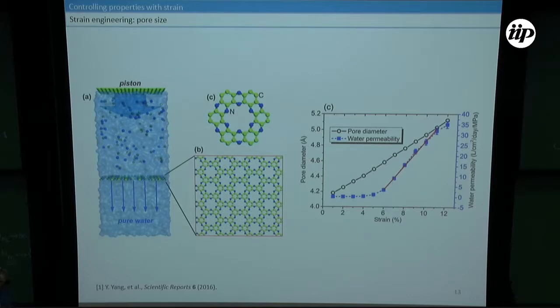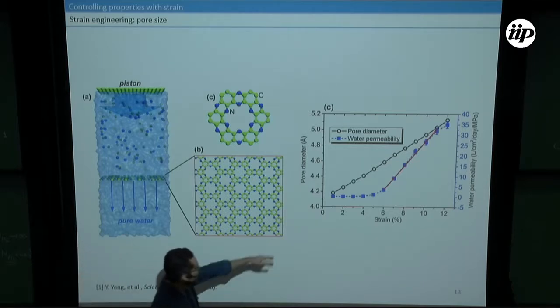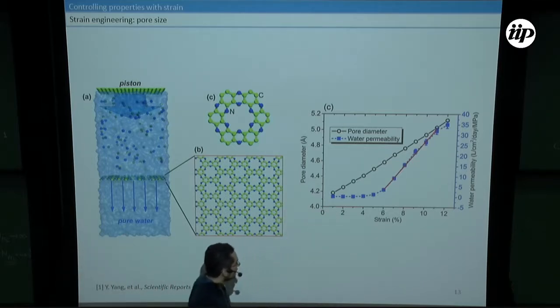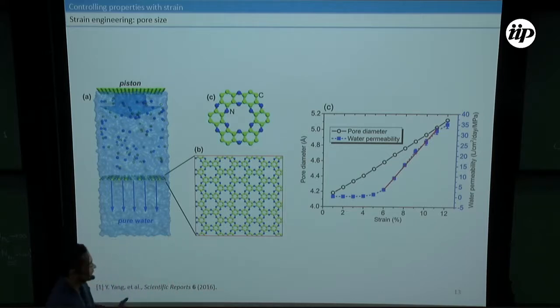So they studied this material, a CN type of material, and they show that as they apply biaxial strain and increase the cell in both directions, the pore diameter will increase linearly, and eventually you can get water passing through these channels, but the salts will not pass. So you can think of this as a filter.